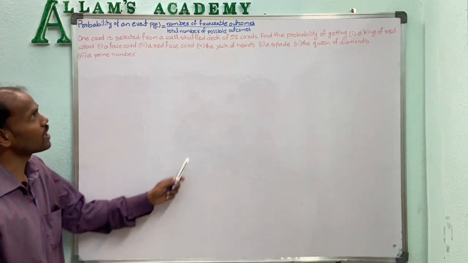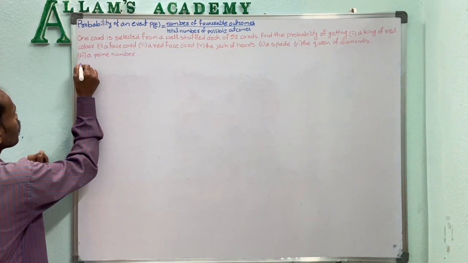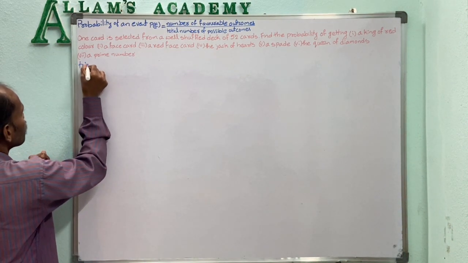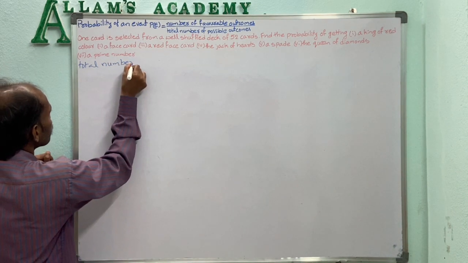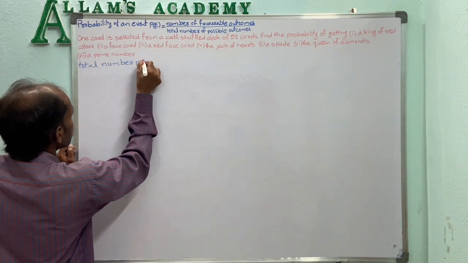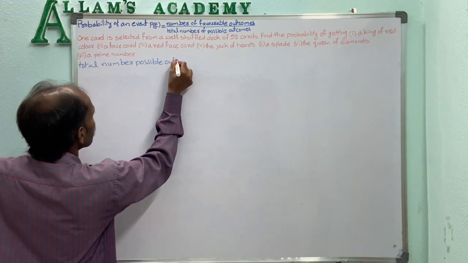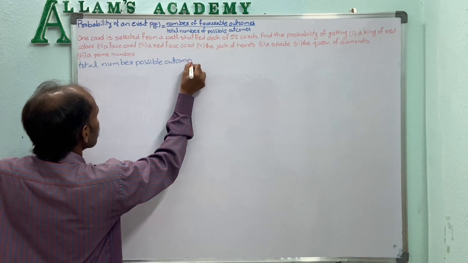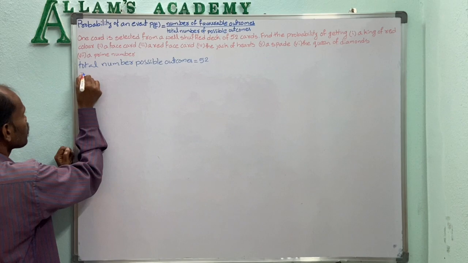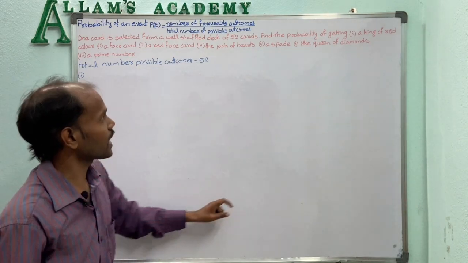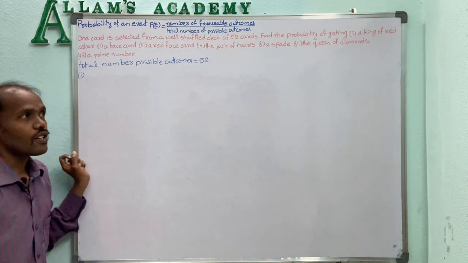A well shuffled deck has 52 cards, so the total number of possible outcomes is 52.